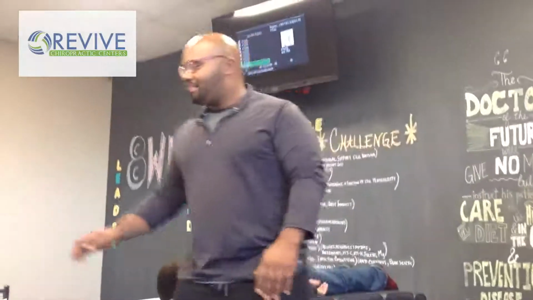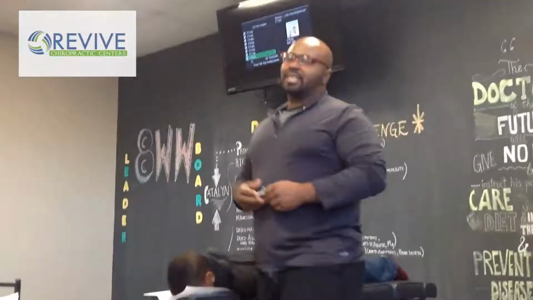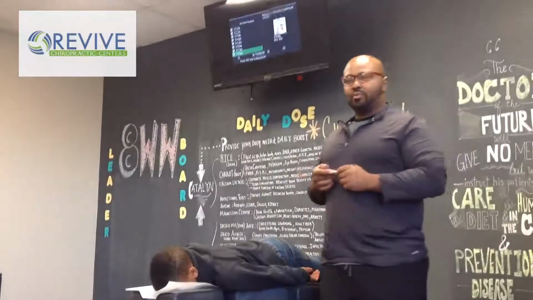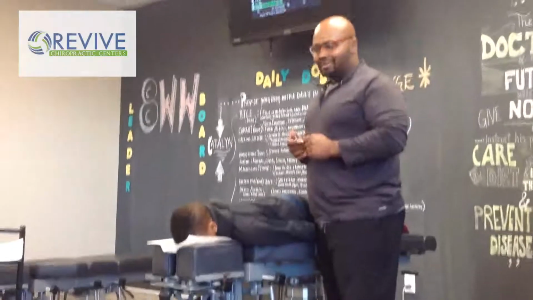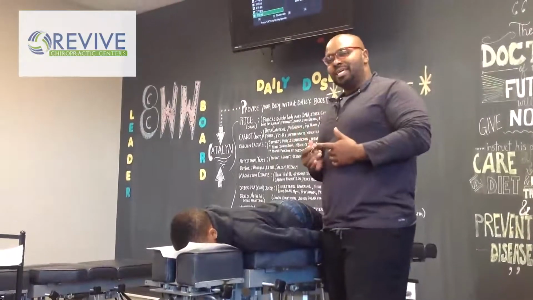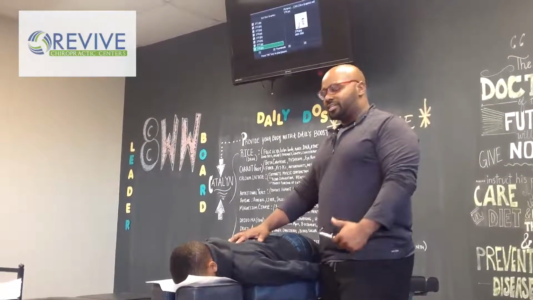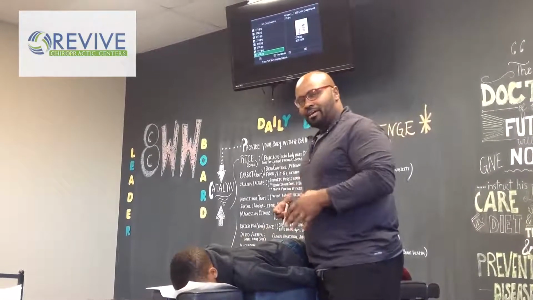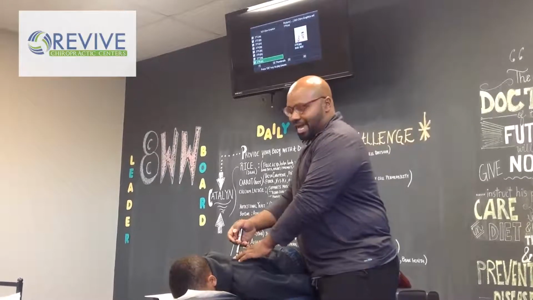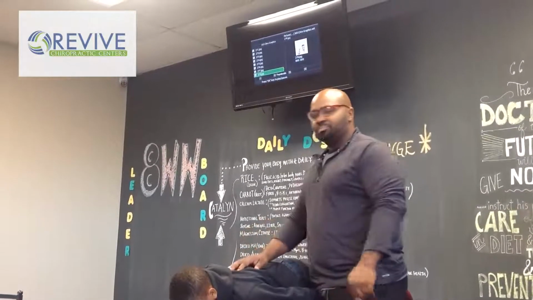So what we have is an instrument. We actually have several different instruments, and I'm going to demonstrate one of them to you. It's called an activator, and this utilizes speed instead of force. So I can find that same area that may have been restricted, and instead of putting a force into it, we utilize the activator just like that to put speed into it.